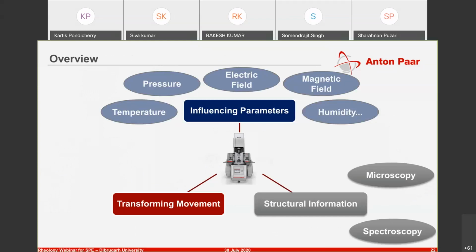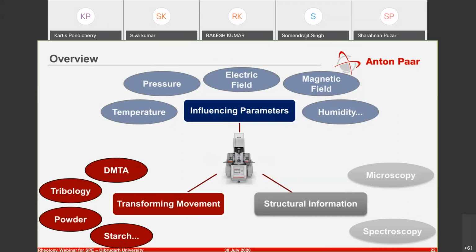If you want to look at how the structure of your material is changing by application of shear or some other forces, then you can do that by adapting your rheometer with a microscope, or even a spectroscope if you want to investigate the behavior or the chemical aspects of your sample. In addition, you can also do dynamic mechanical thermal analysis or tribology, which deals with friction and lubrication, or you can go for powder, wherein you understand the powder behavior.